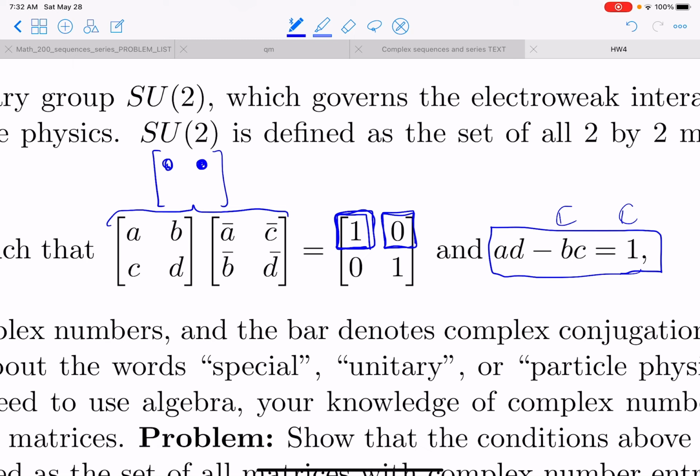That's a second equation. In that case, for this second entry, we get a c bar plus b d bar. And so if this equal sign is true, then it has to equal 0. So there's another equation. So we have 1, 2, 3, 4, 5 equations.